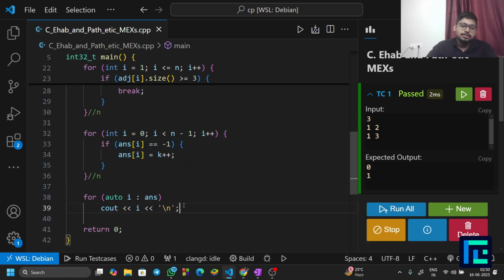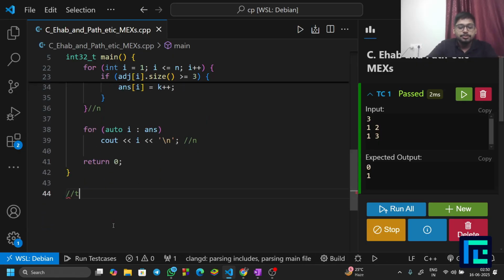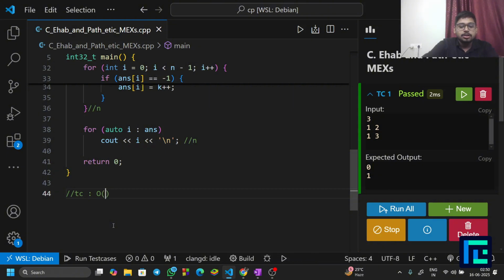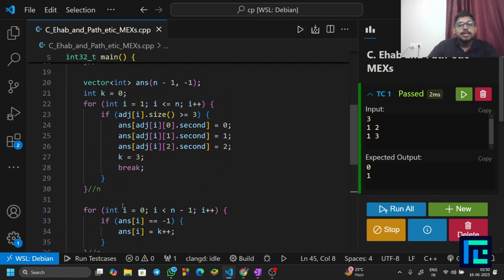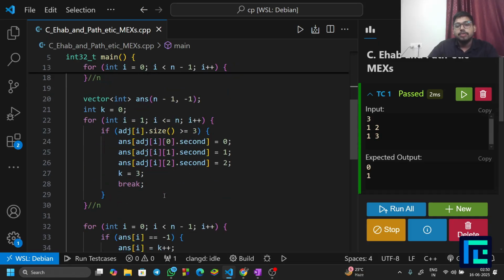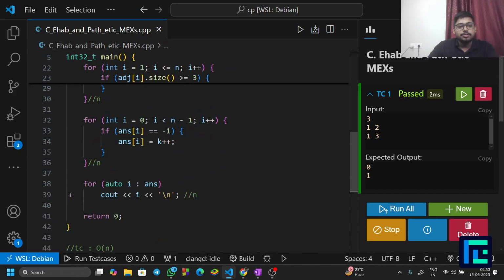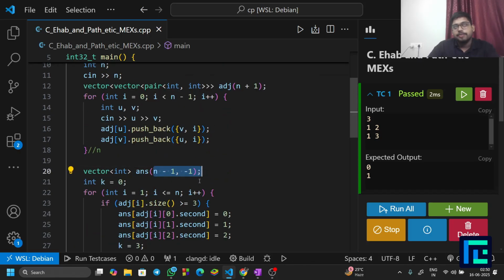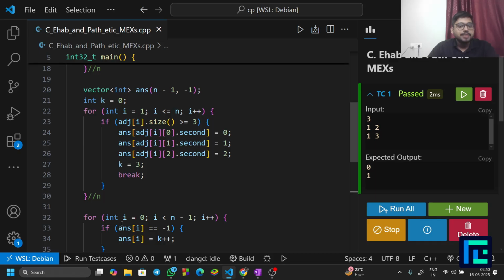So we can say our time complexity is order of n only. For space complexity, we have an adjacency list of size at max n. It has at max 2n pushbacks, so its size would be 2n at max. So our space complexity would be order of n only, and this answer vector also has size n, so it's order of n. I hope the time and space complexities are also clear.